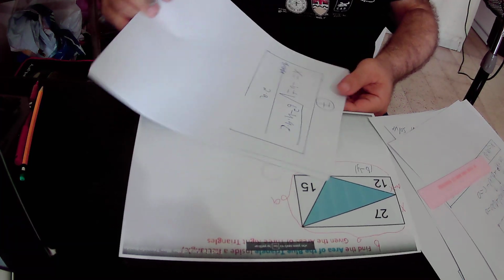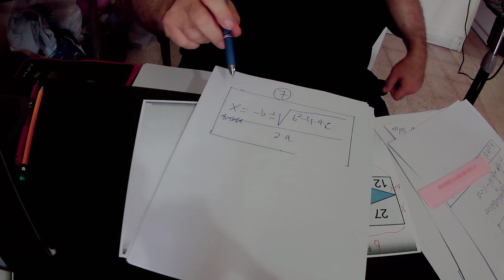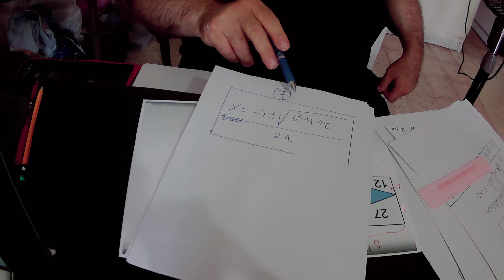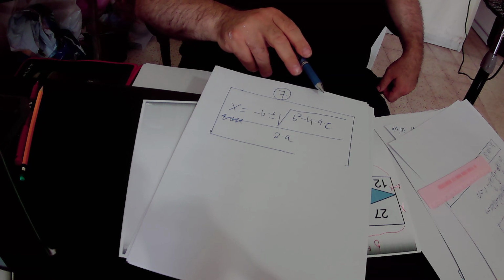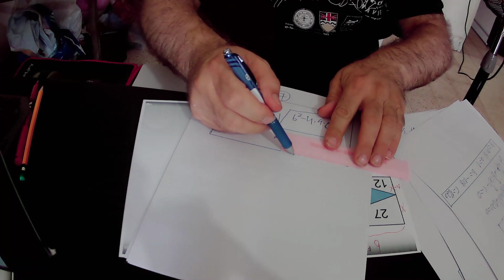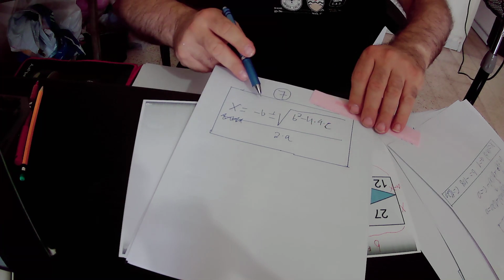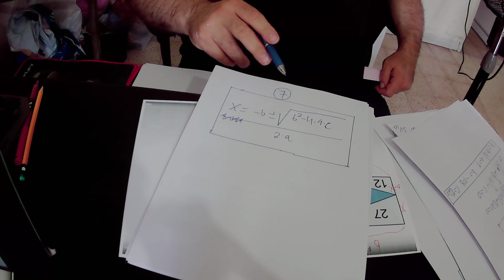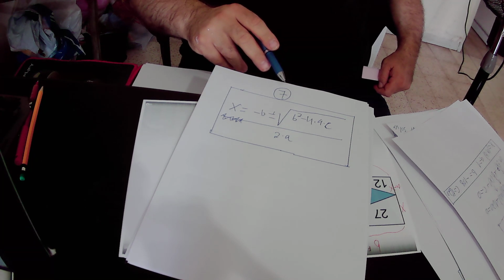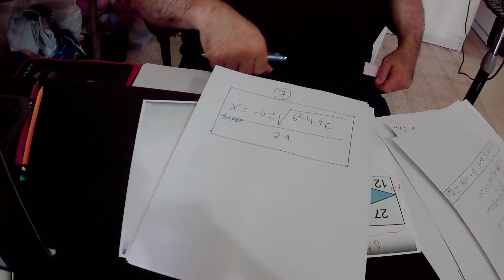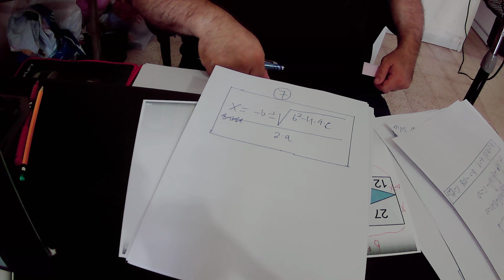Okay, this is the general equation for x. It equals minus b plus or minus the root of b squared minus 4ac, divided by 2a. So we will have two different solutions for x, or you can say that we will have two roots for the quadratic equation.